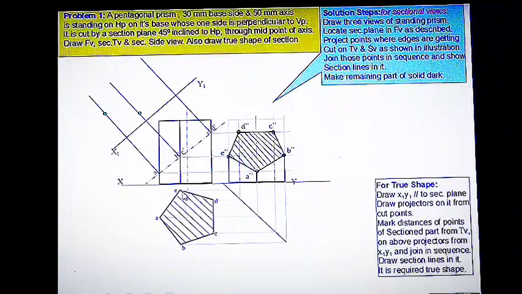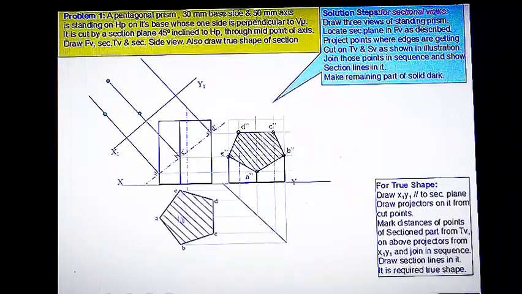Similarly, point E can be located on this line and mark this distance. This distance of E from the XY line should be copied to here. Similarly, this distance of B from the XY line can be marked here, and then you can mark point D like this because point D is on this line.